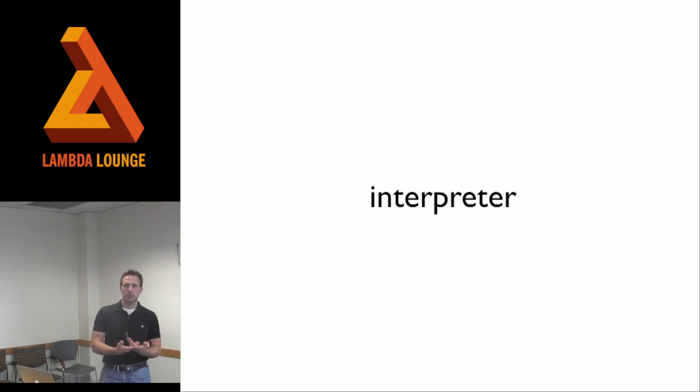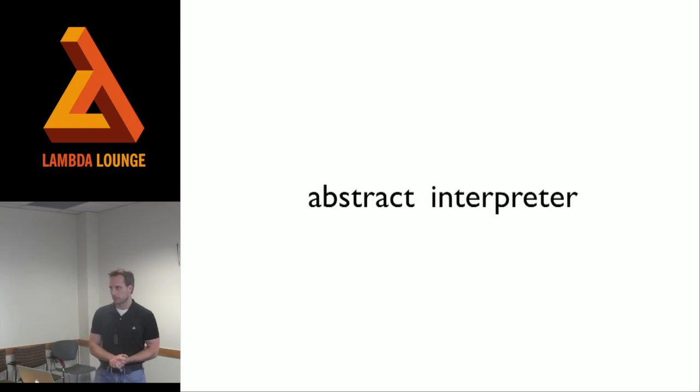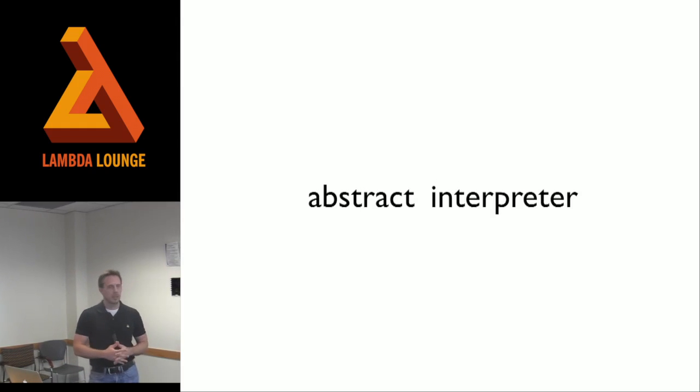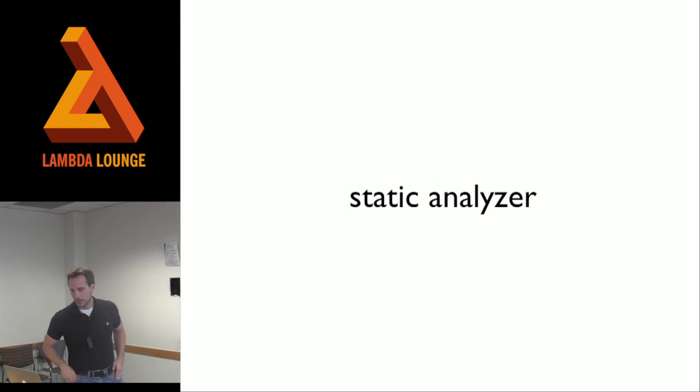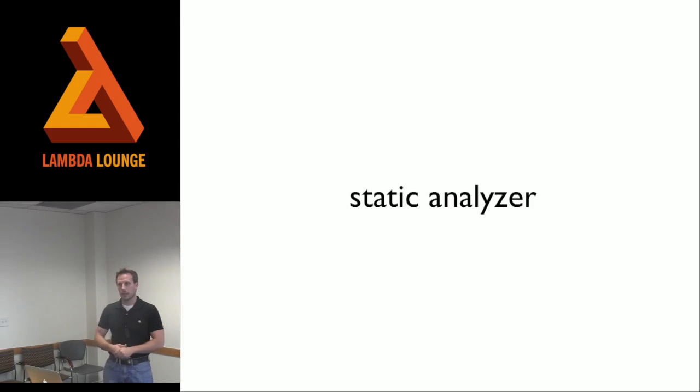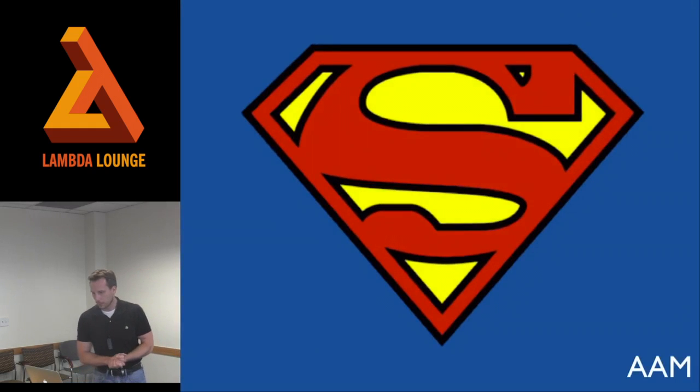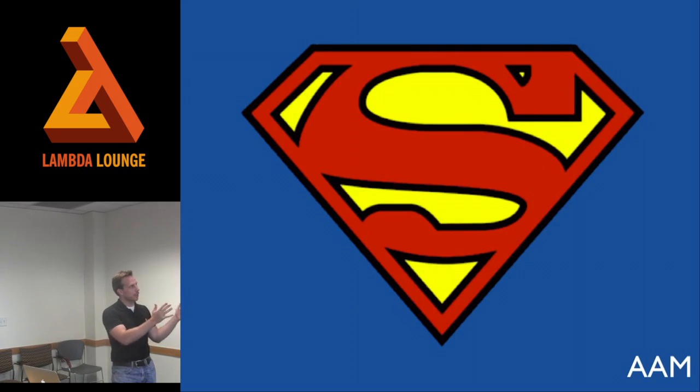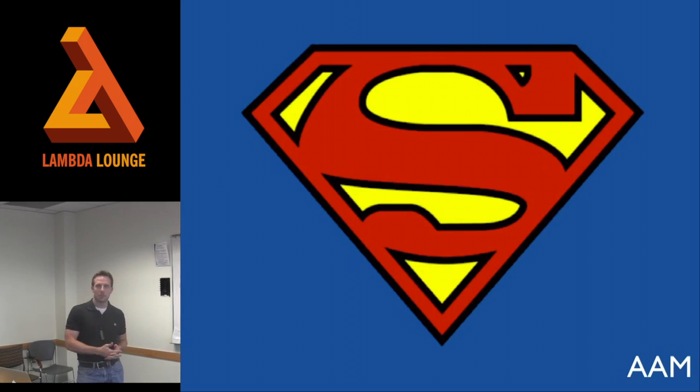And then we have some transformations you can do on that to turn it into an abstract interpreter. An abstract interpreter also has a specific meaning in the context of program analysis. But what it really means is that it's a static analyzer at that point. So you start with an interpreter, you do some transformations, and it becomes a static analyzer that can tell you things about your program. And so tonight, we'll actually do some live coding, and I'll show you this technique, which I will claim is very powerful. We actually call it abstracting abstract machines.